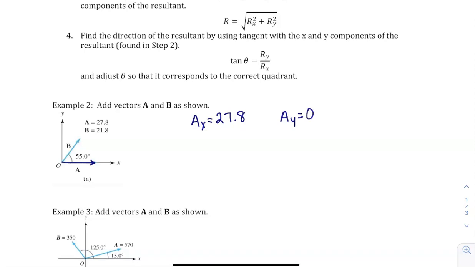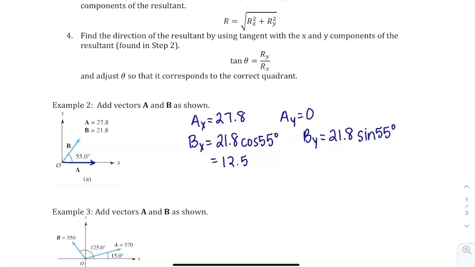But B is here at this 55-degree angle. And so for B in our x direction, we're going to have to do the magnitude 20.8 times cosine of that angle. And that gives us 12.5. And the y component of that vector is going to be 21.8 times the sine of 55 degrees.